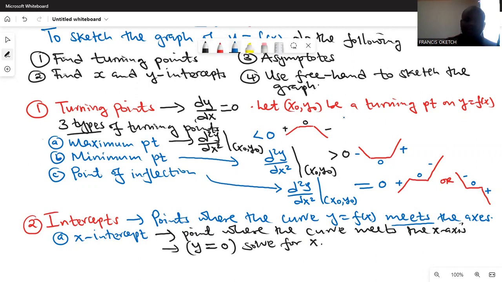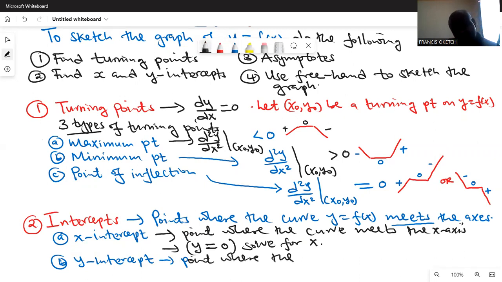Another intercept is part B, the y-intercept. So what do we know about the y-intercept? It is simply the point where the curve meets the y-axis.